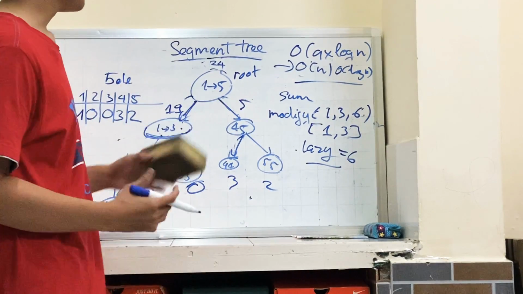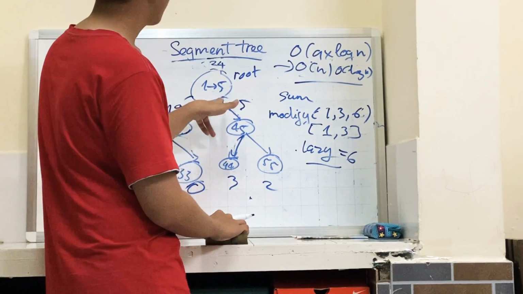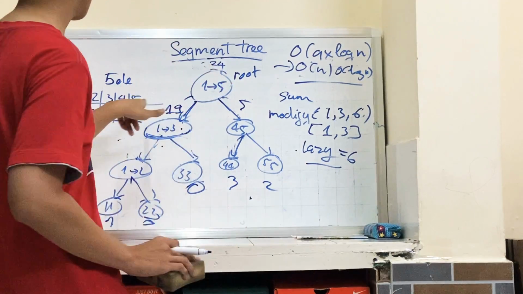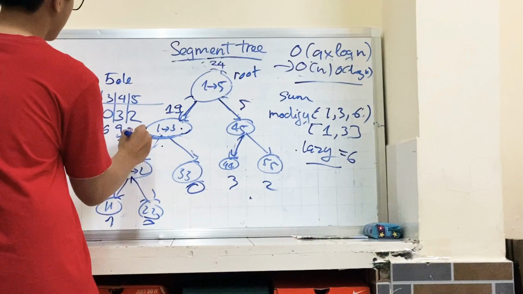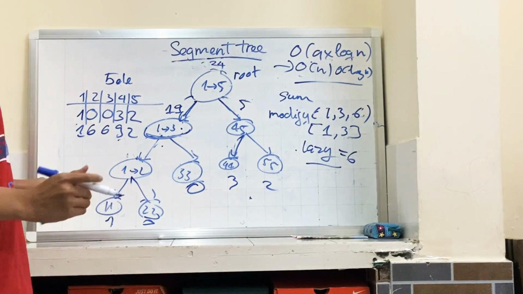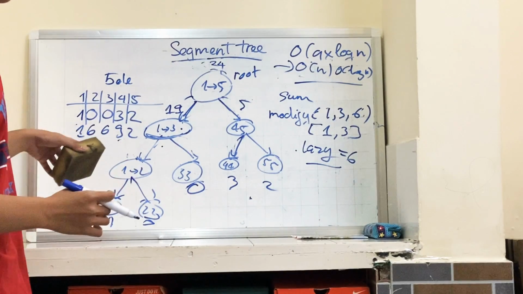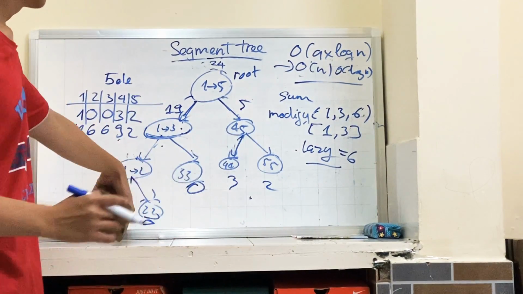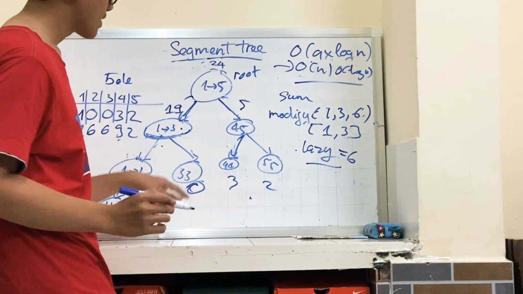So I modify, and if I query from 1 to 5, I still get 24. Yes, 6, 6, 9, 2, 1. It's 24. But here, we don't have to modify this value yet.